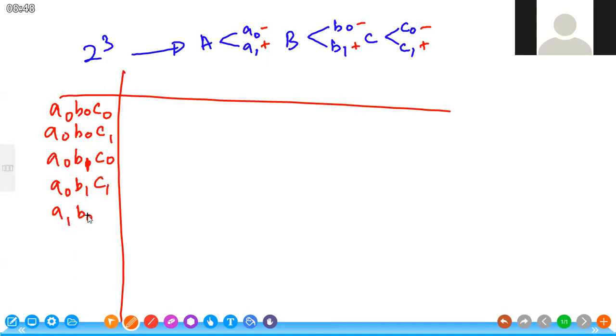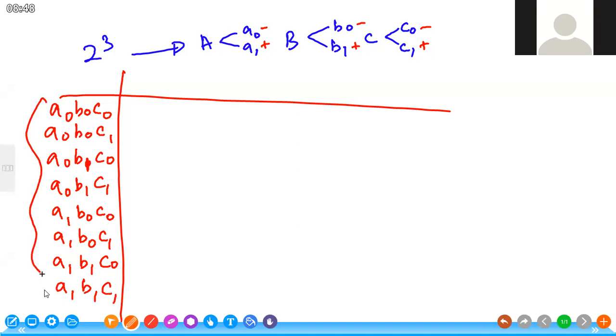A1, B naught, C naught. A1, B naught, C1. A1, B1, C naught. A1, B1, C1. You see, all 8 combinations are there. This is the total number of combinations.